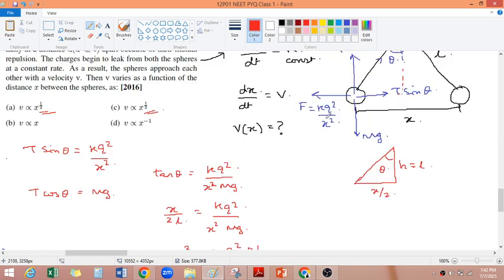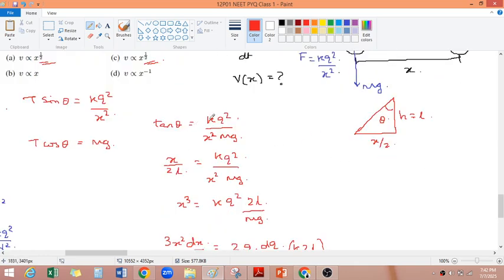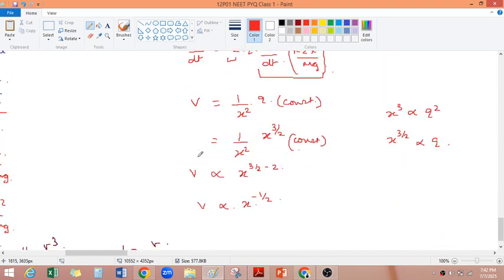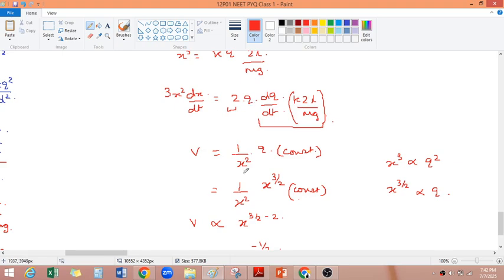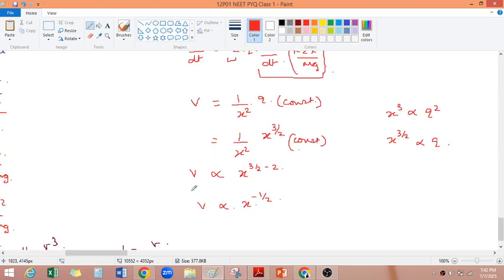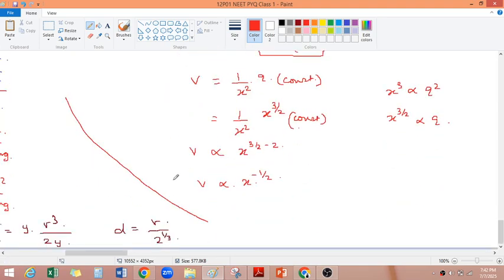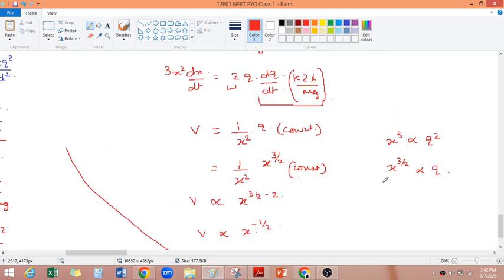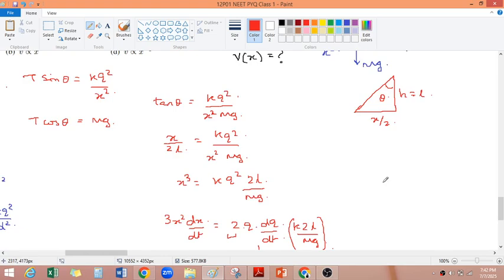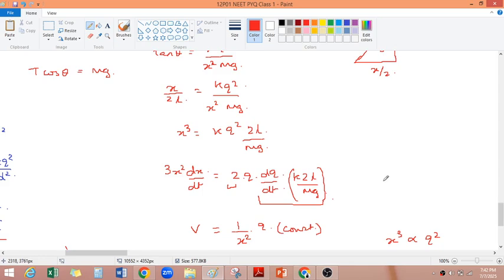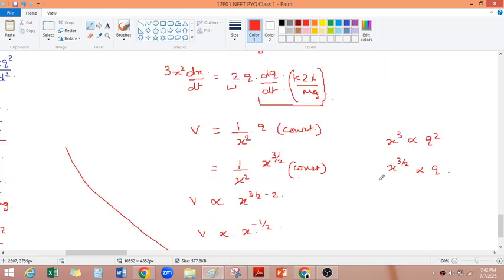So that means velocity can be found from dx by dt, then replace q in terms of x. Any doubts? Anything not clear? Slightly difficult initially, right? Once you practice it, I'm sure it's easy for you.